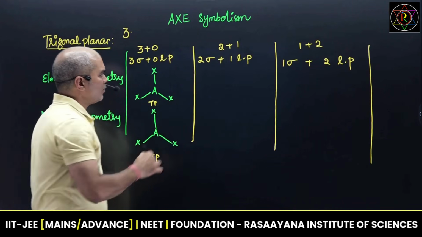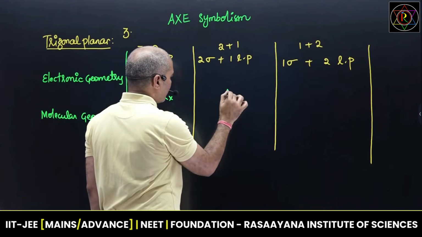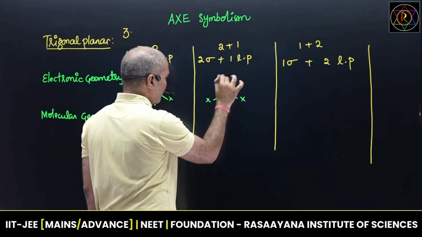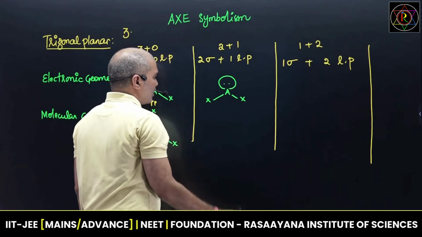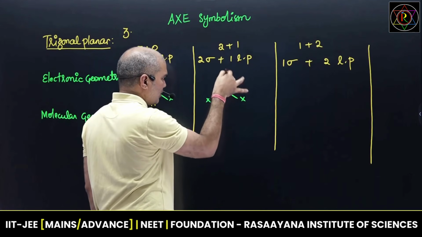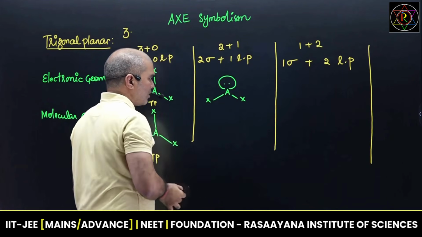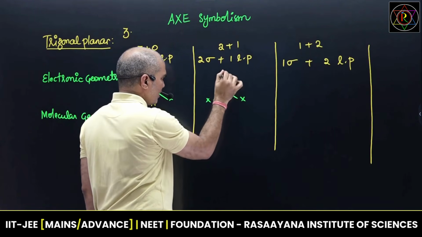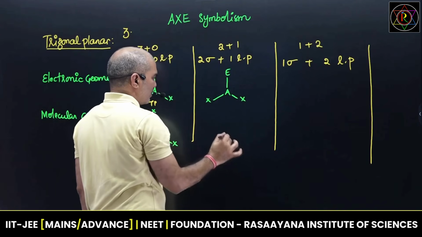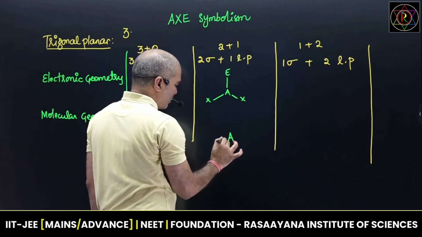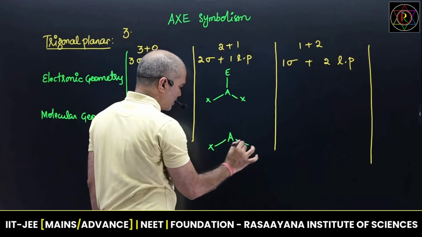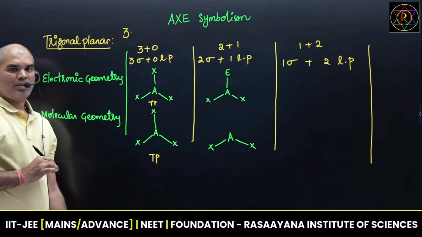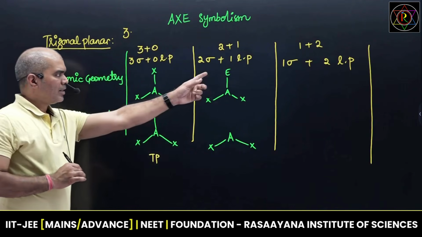In the second case, we have 2 sigma and 1 lone pair: 2 X, and 1 E is present. In place of E, I have drawn a lone pair. Either you draw a lone pair or you put E, anything is the same. Whenever I ask you the shape or molecular geometry, do not consider the lone pair.